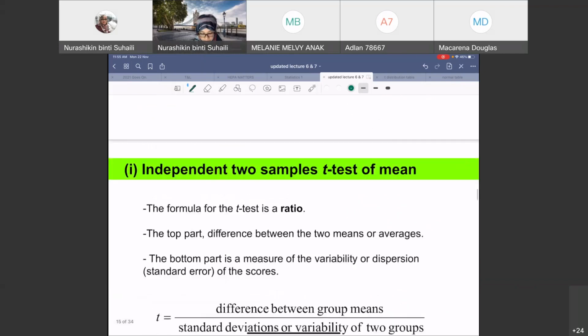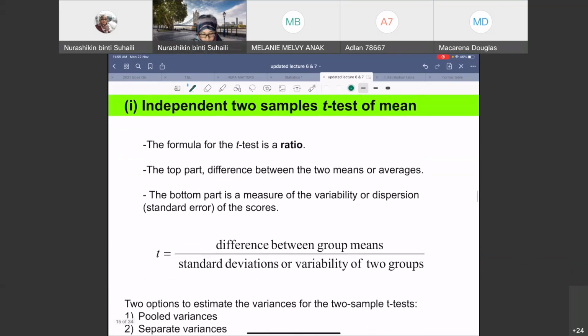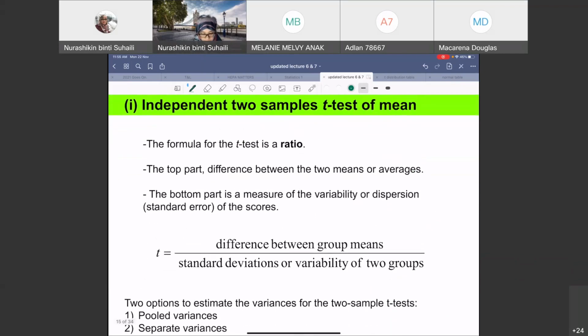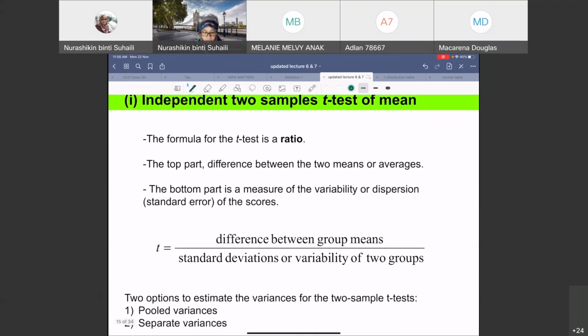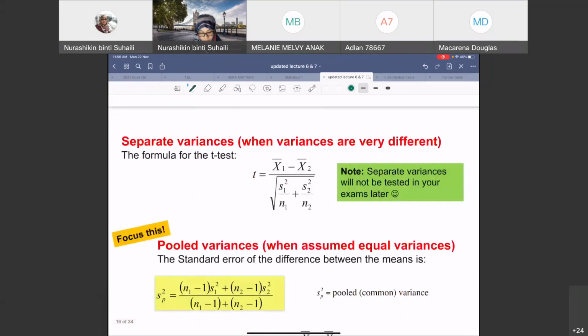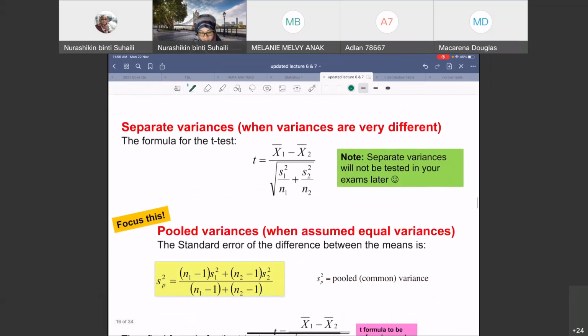Let's have a look at the things further. Independent 2 samples. For independent samples, there are 2 cases of variance. The first one is pooled variance, and the second one is separate variances. You accept this first, I will explain later.